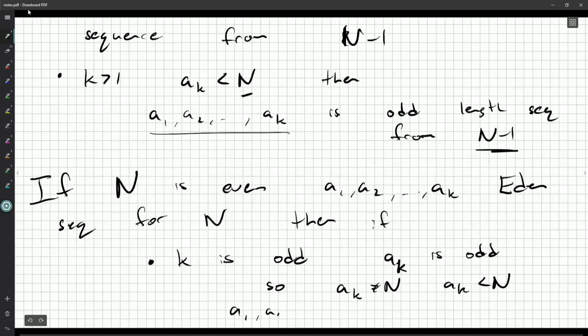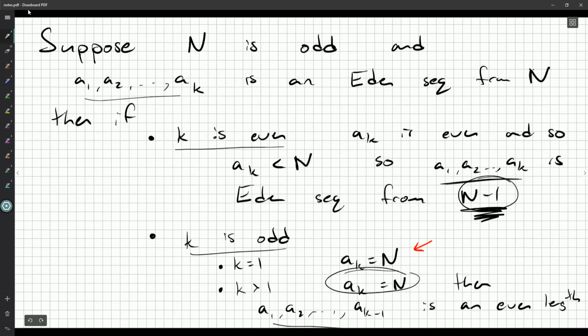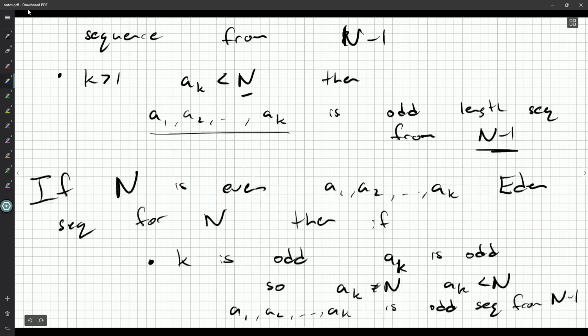So A1 through A2 all the way up to AK, where AK is odd, is an odd sequence from 1 up to n minus 1. Almost the exact same thing. So this part here is the same thing as this part here. Basically, if the parity of the length of your sequence doesn't match up with your capital N, you must be a sequence from a previous n.